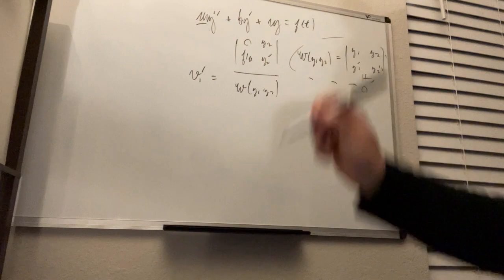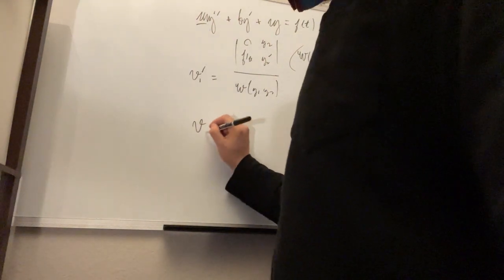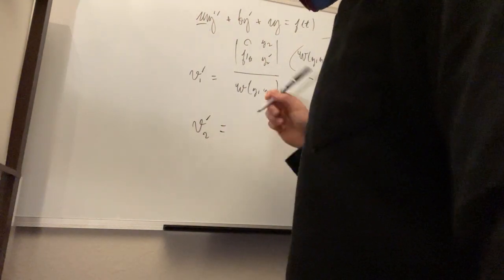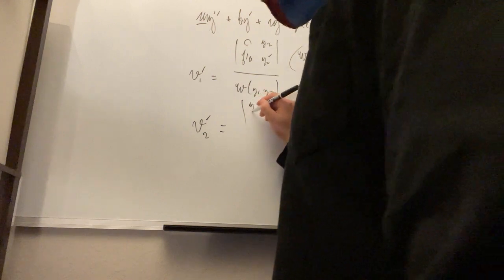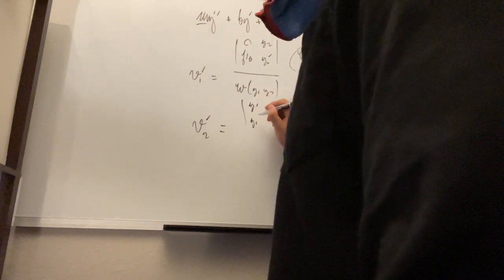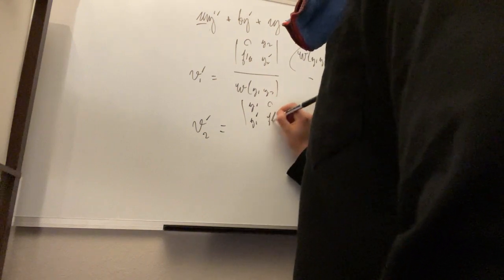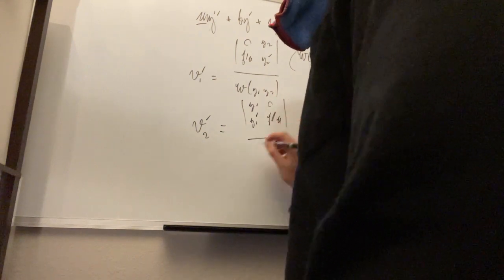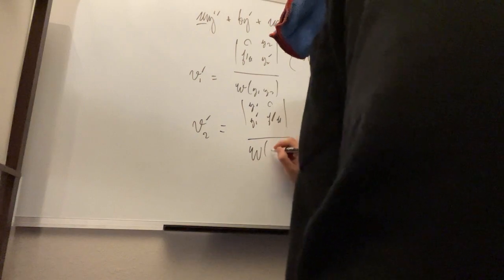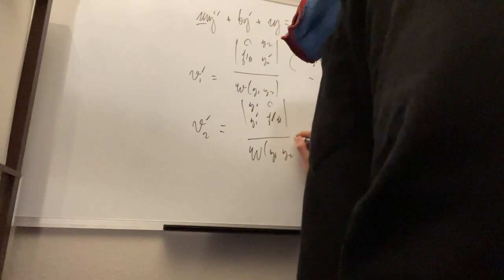All right. Similarly for v2, this is going to be equivalent to the determinant of y1 and then y1 prime, and then 0, and then f divided by a, divided by the Wronskian of y1 and y2.